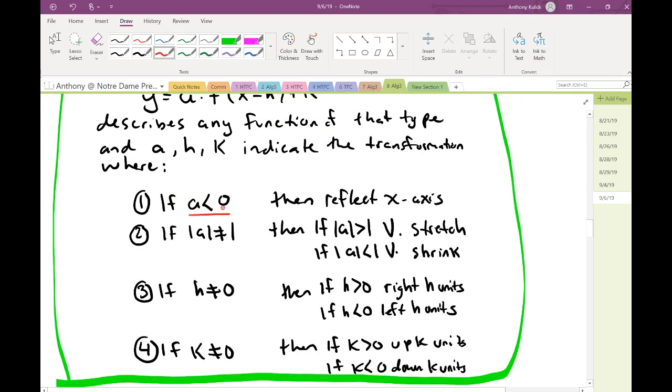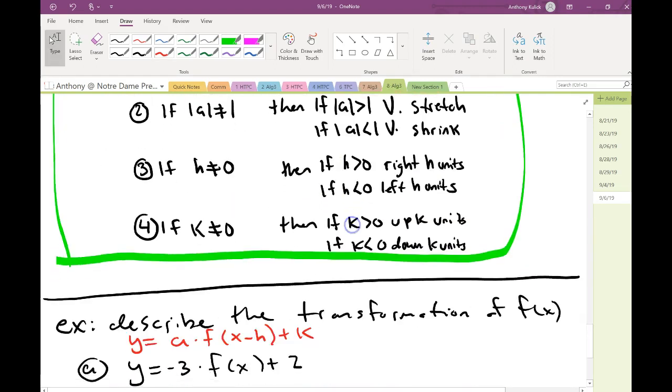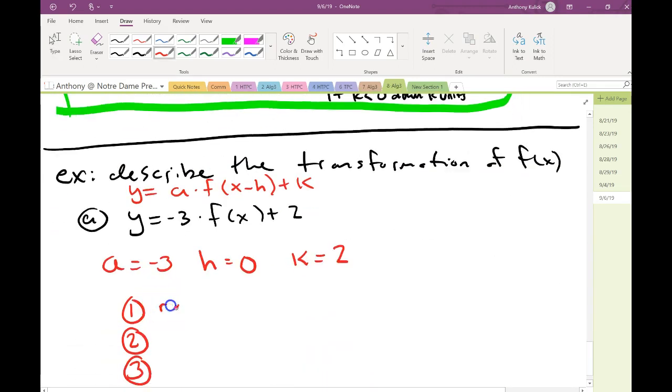What was the A in our situation? Negative 3. So certainly that applies, right? So since A is less than 0, I have a reflection across the x-axis. So I'll write that next to number 1. Everybody happy with that?